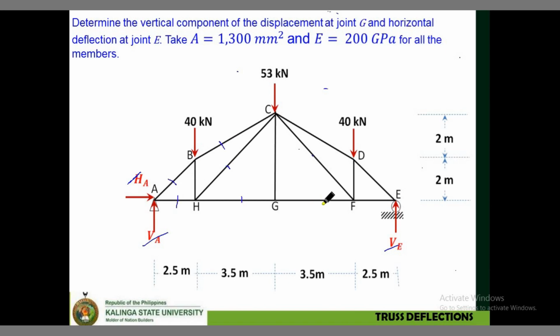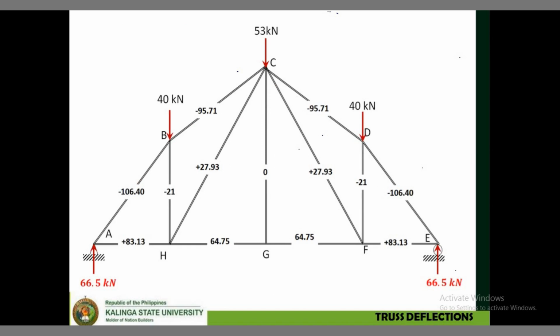Kailangan nating isolve yung mga bar forces. Yan yung nasa step 1. Yung values nitong ating mga bar forces in step 1 is this. Yan yung na-compute ko using a combination of method of joints and method of sections.